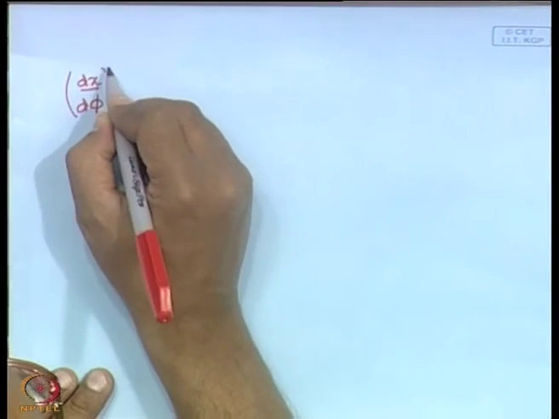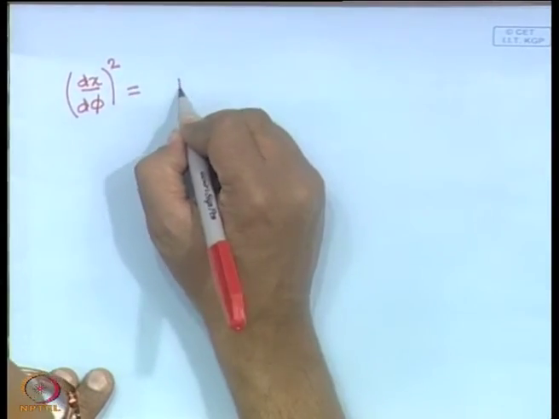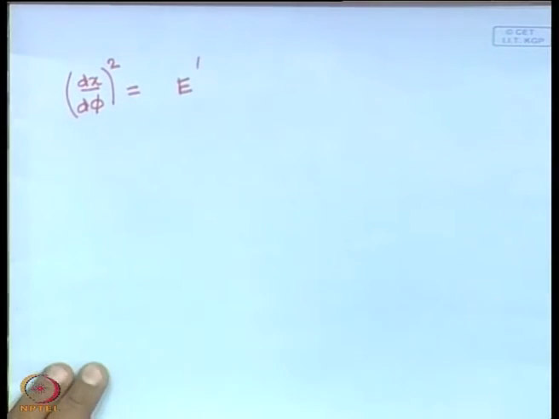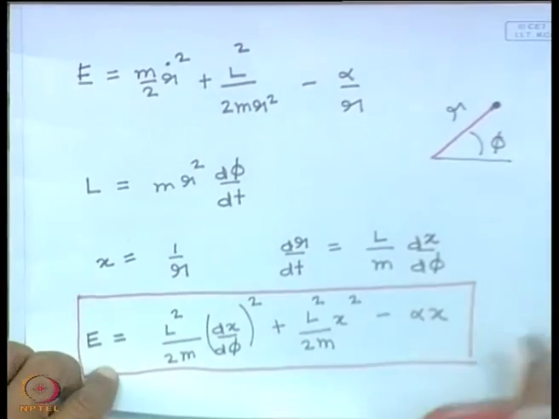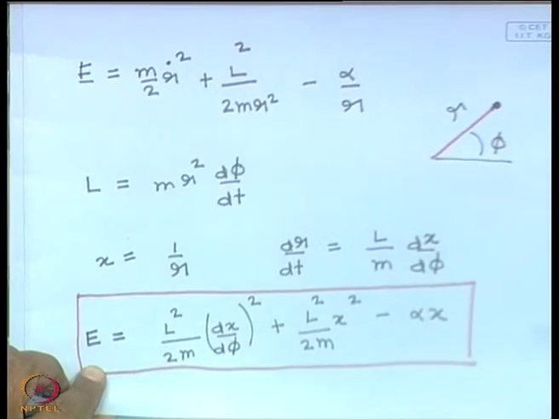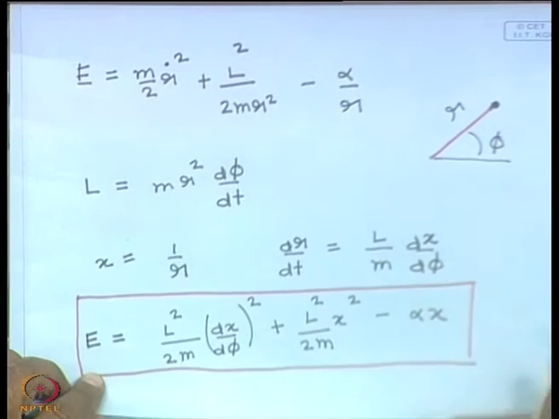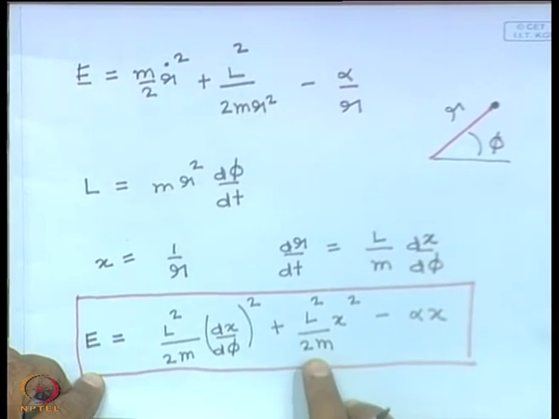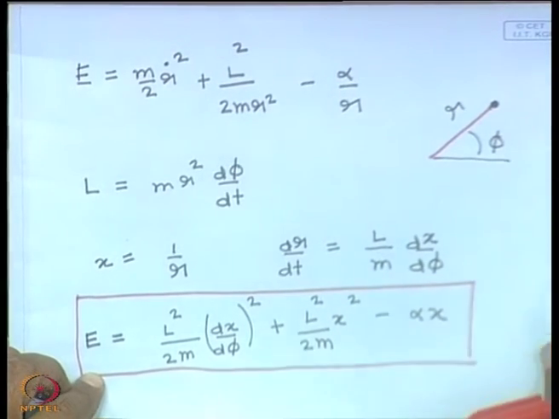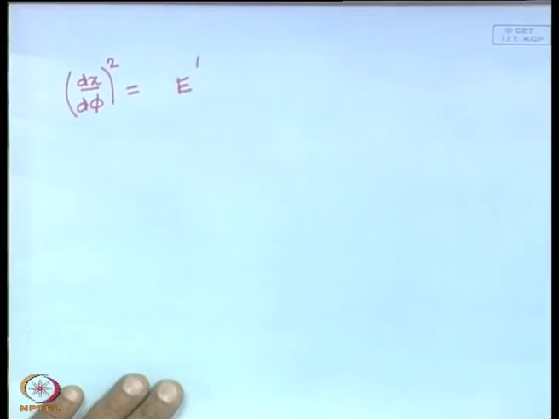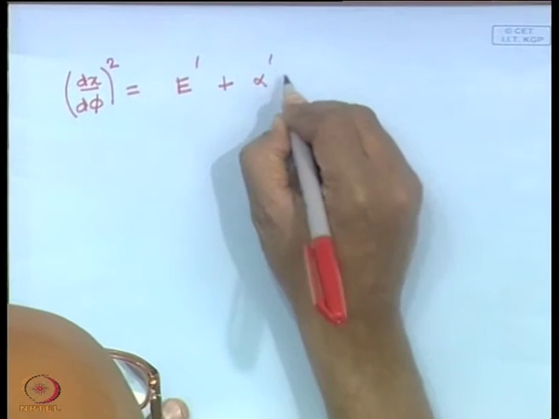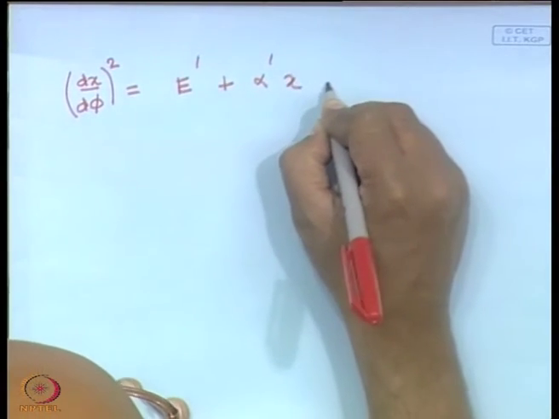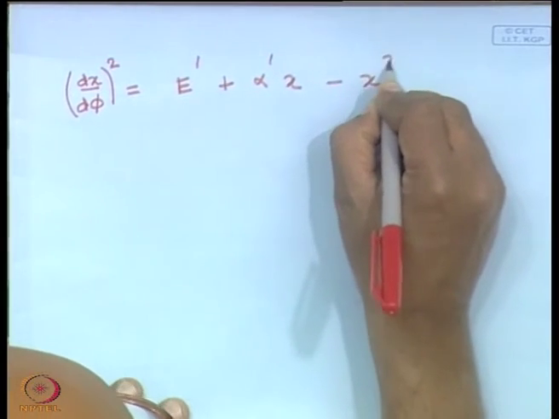(dx/dphi) squared is equal to E prime plus alpha prime x minus x squared.